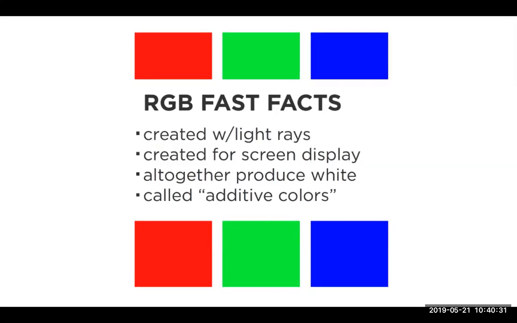The important thing to know for us on a very practical note is that RGB is what you use for screen display. So if you have a mobile phone, a laptop, or an iPad, the way that you're seeing color in those devices is by an RGB color pathway.